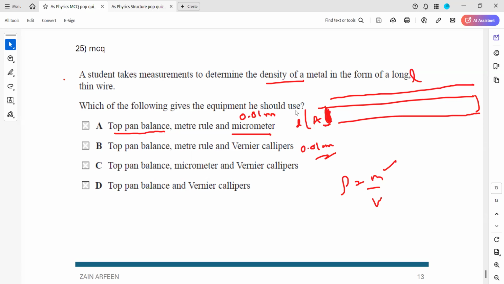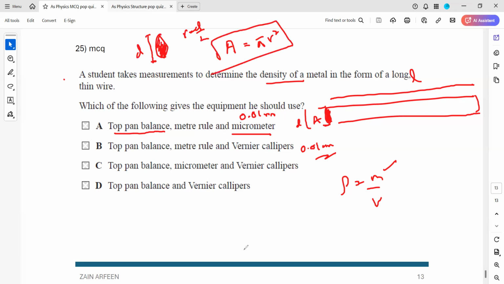Diameter is not area. From a diameter, we can work out the area, because half of the diameter will be the radius, and the cross-sectional area of a wire is pi r square, or you can use pi d square by 4.